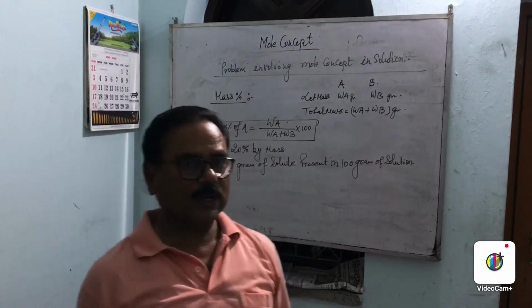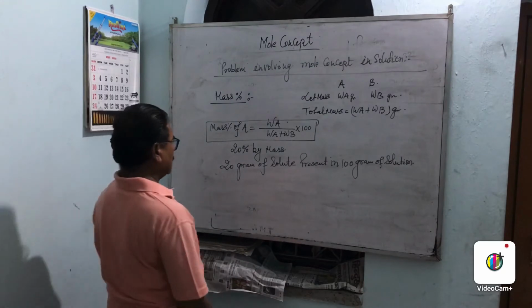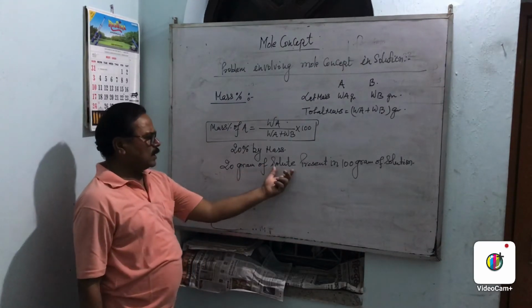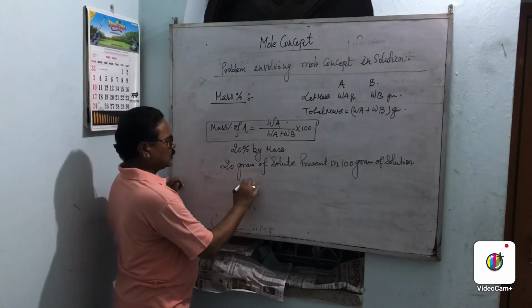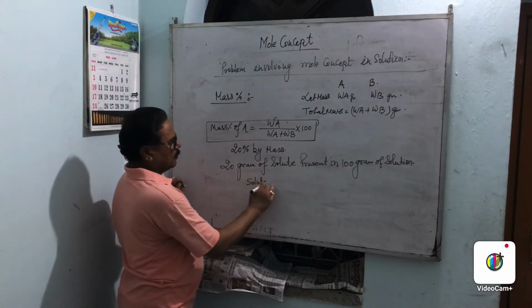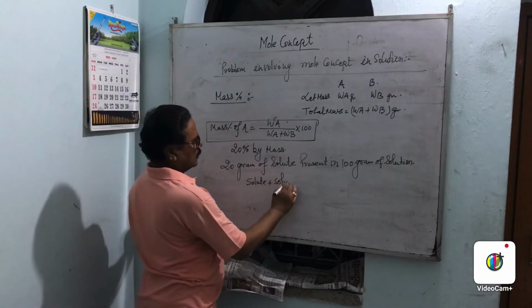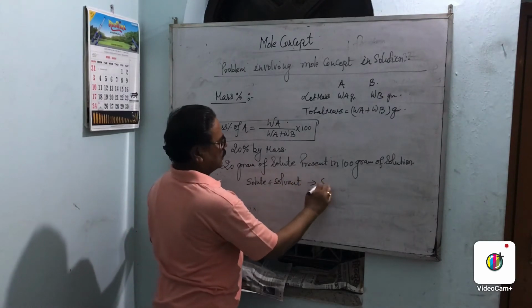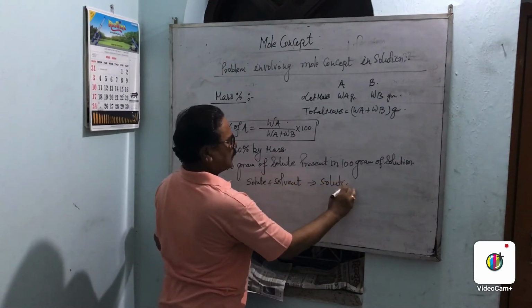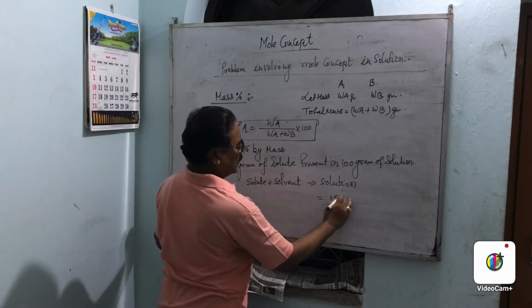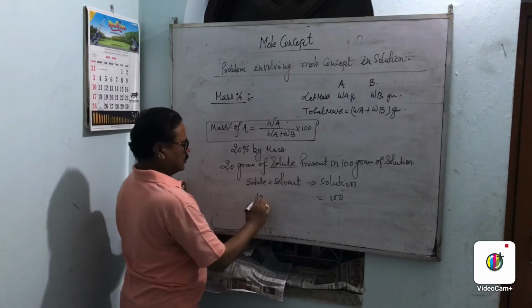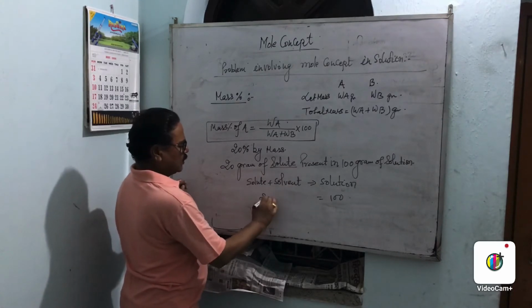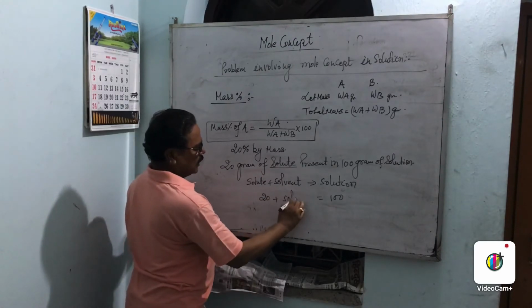So how will you calculate the mass of the solute and the solution? We know solute plus solvent is equal to solution. So if the mass of solution is 100 and there is 20 gram of solute, the mass of solvent can easily be calculated.